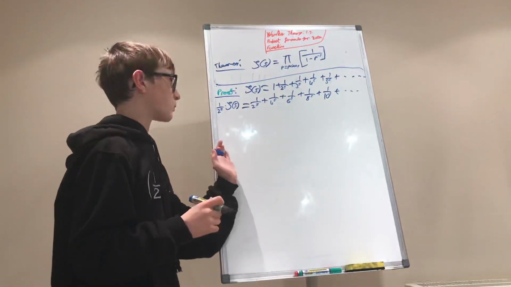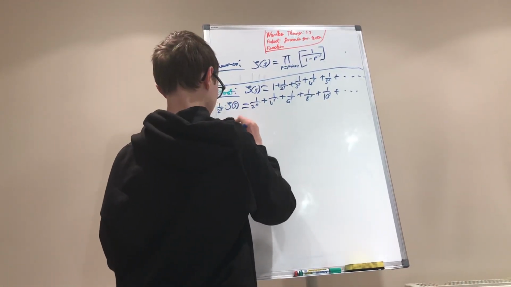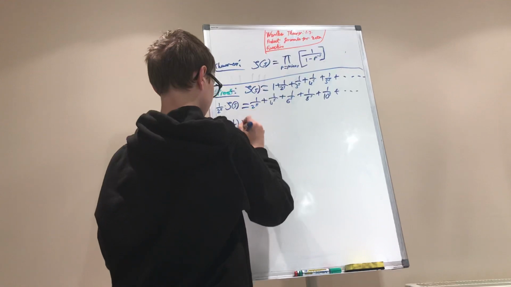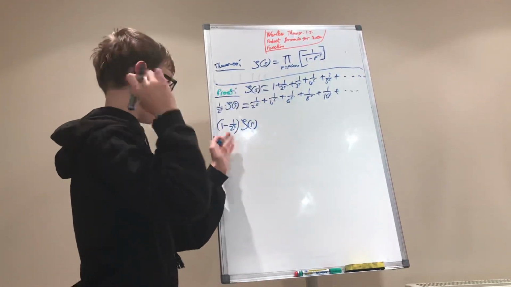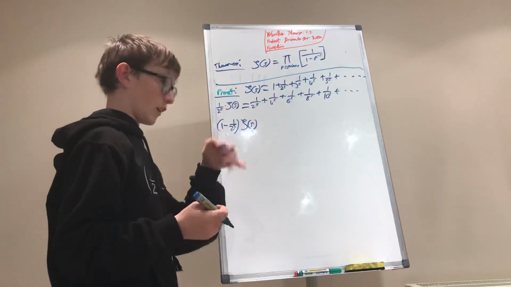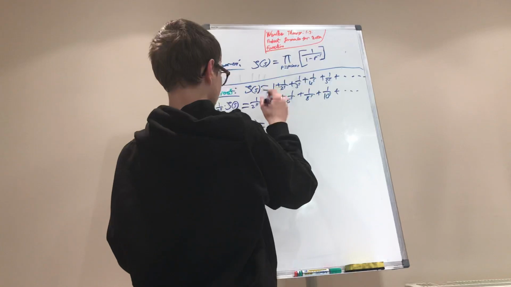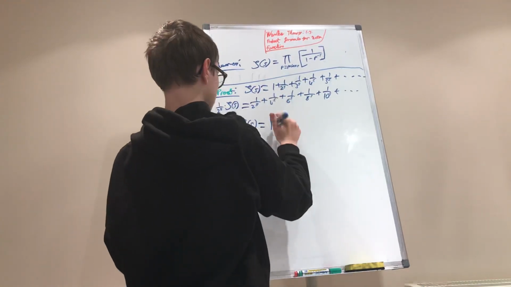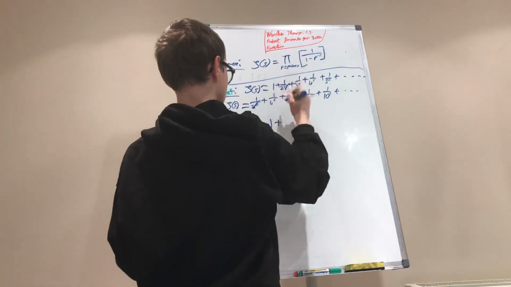Which means that when we subtract these two, we get 1 minus 1 over 2 to the S times zeta of S. If you distribute this in, you'll get zeta of S minus this. That's just a nicer way to write it. Equals, we see that the 1 stays there, plus this and that go away.